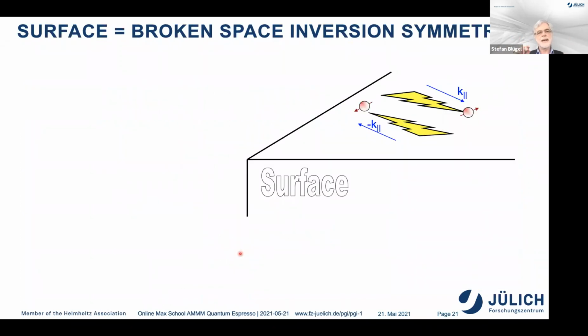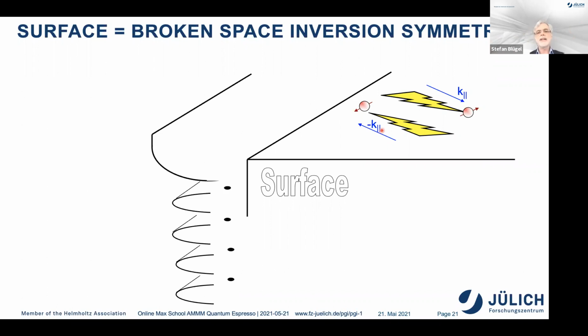So a typical example of a broken space inversion symmetric situation is the surface. On the surface, you have electrons running around the surface. Maybe they are delocalized. They are wonderful. They are characterized by the K parallel wave vectors. Everything is fine.